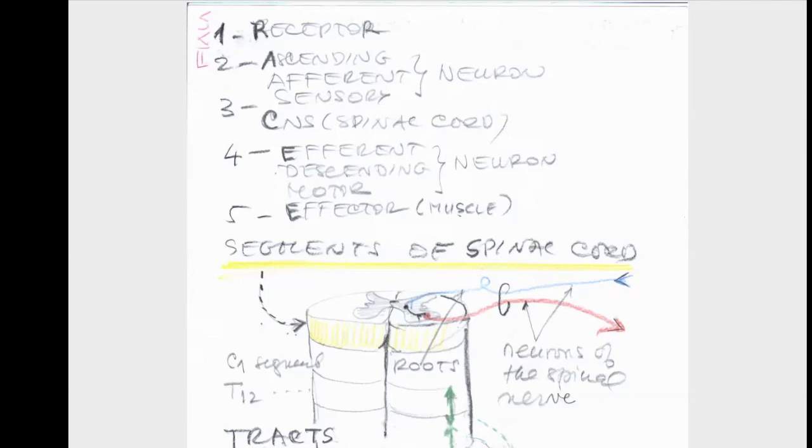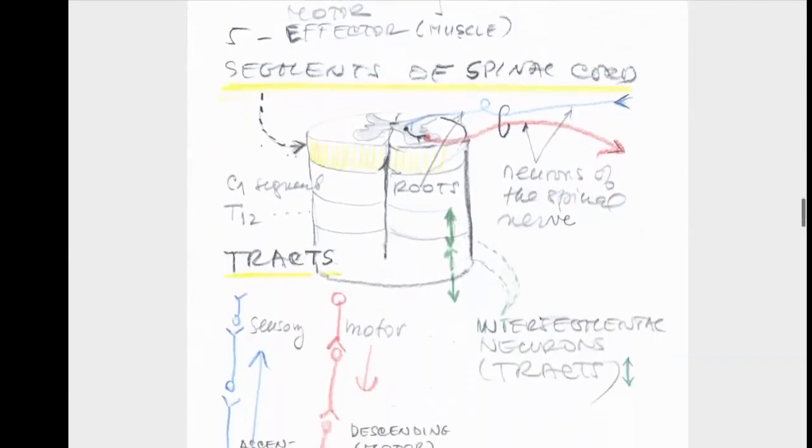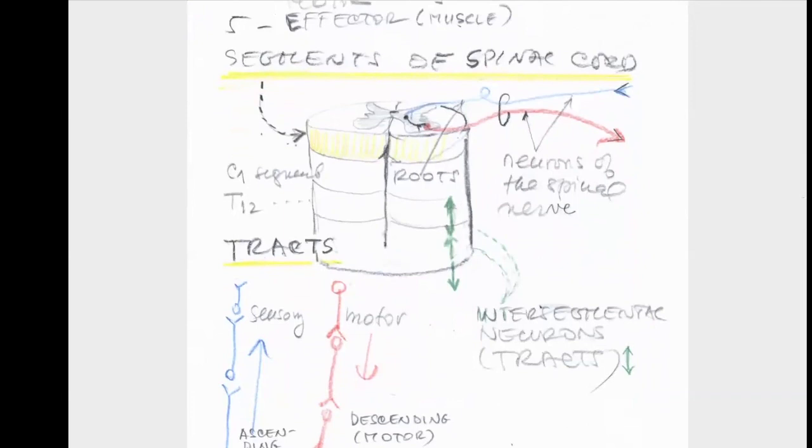We see also a very simple diagram showing the segments of the spinal cord. This is just the definition. We could say that a segment is that part of the spinal cord which has one pair of the spinal nerves. So this is well explained in our diagram.